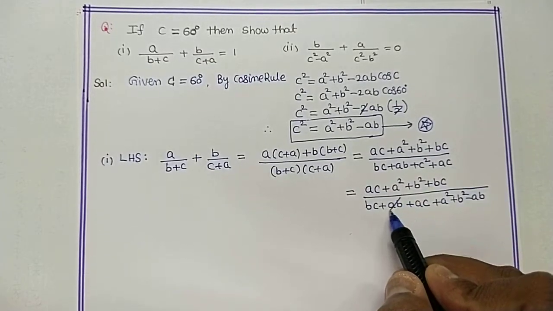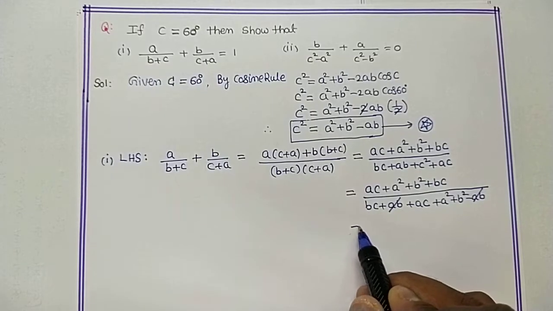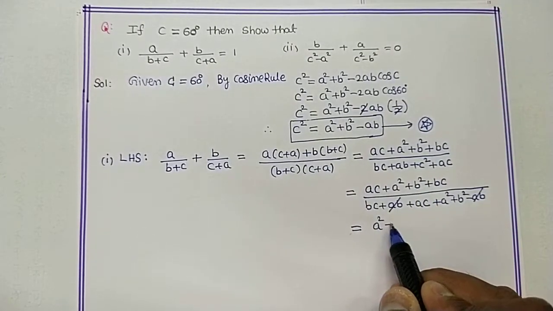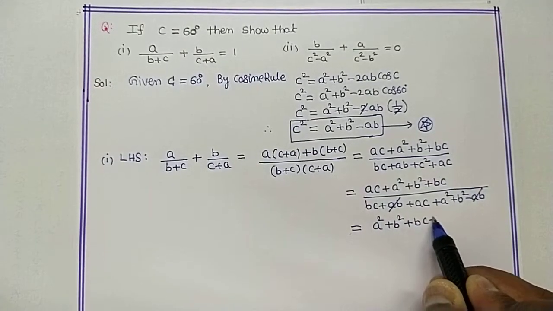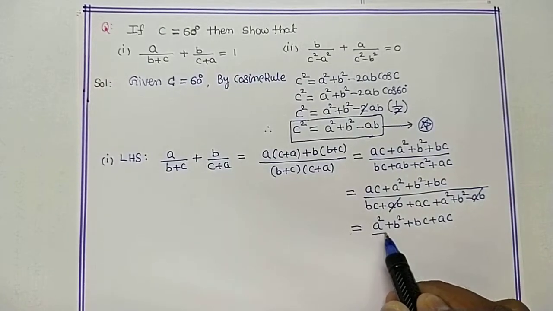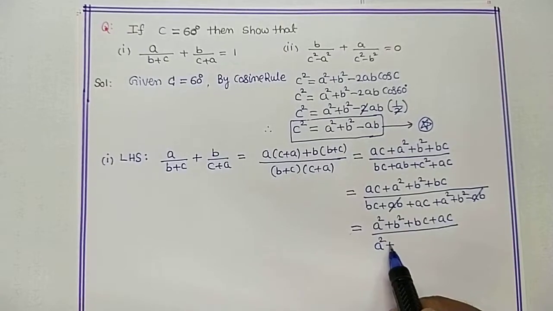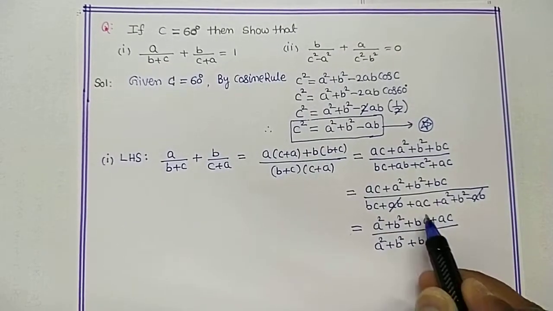So here plus ab minus ab get cancelled. The rest of the terms as usual you have to write in the order, a square plus b square plus bc plus ac divided by, here also first a square plus b square, after that plus bc plus ac.